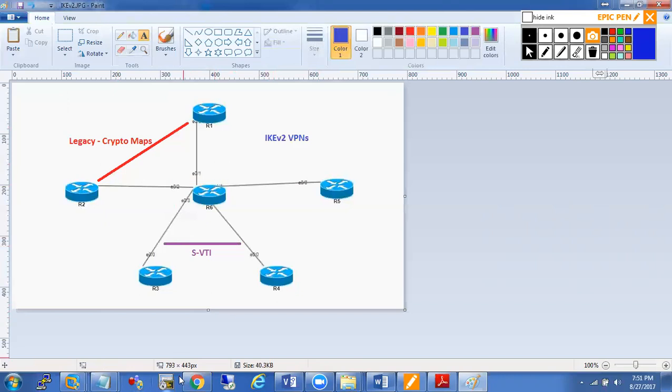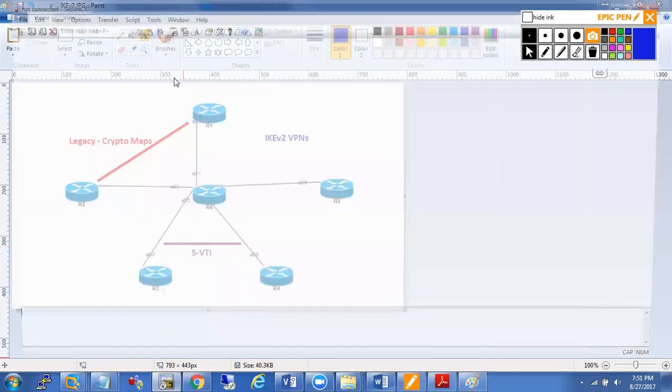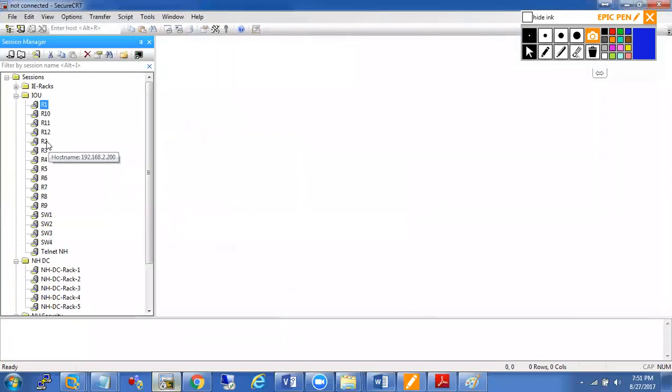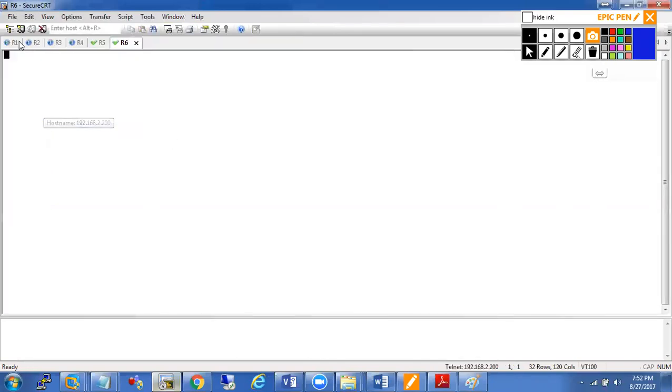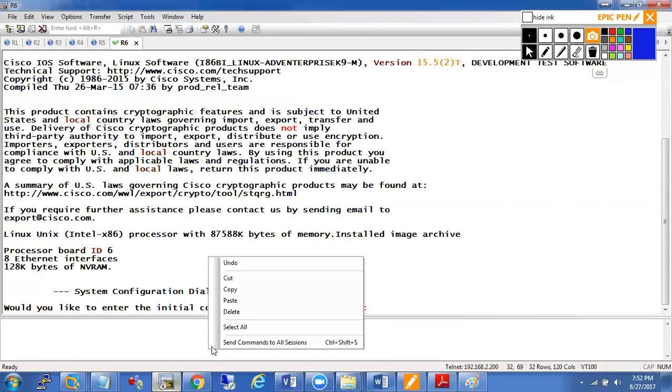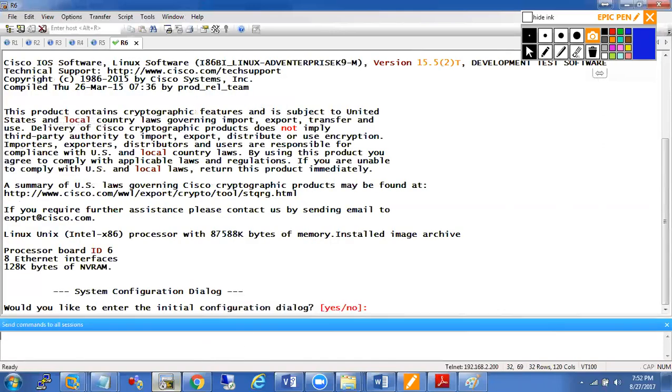All right. So let's set the topology up first. I need 1, 2, 3, 4, and 6. So 1, should bring all these guys up.